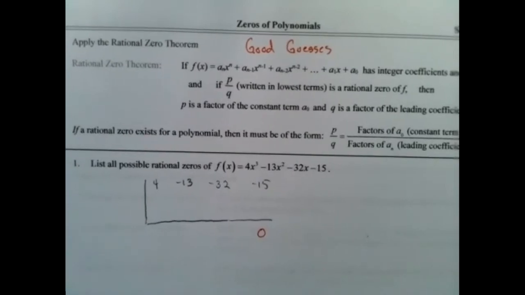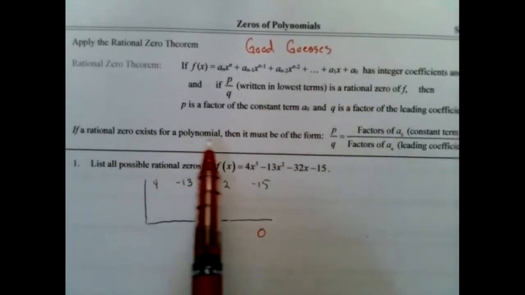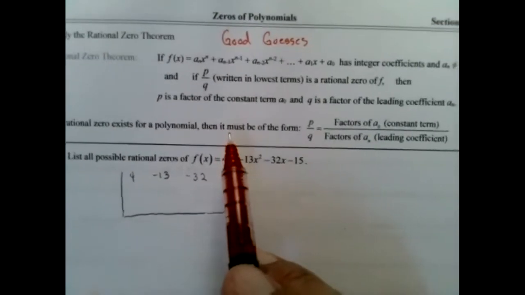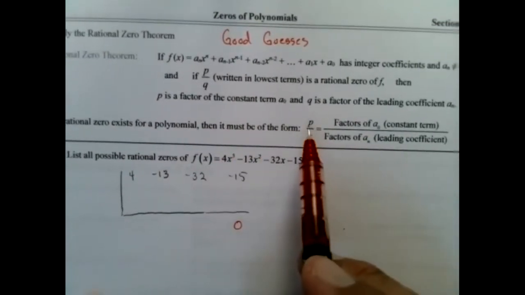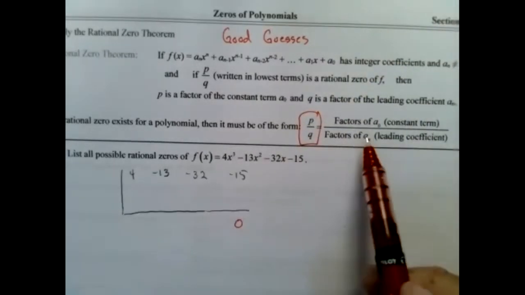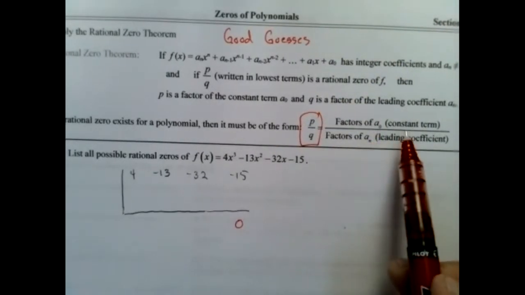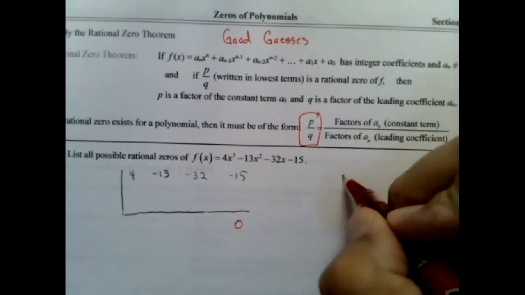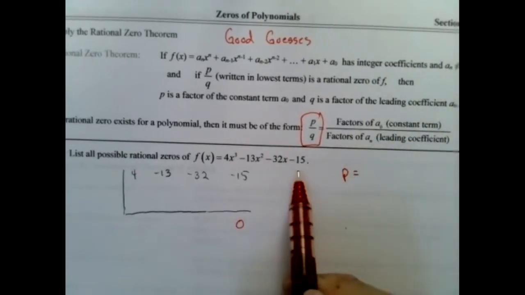Okay, let's see what we got. My good guesses are the combination of P over Q. P is the factors of the constant term. For mine, the constant term is -15.